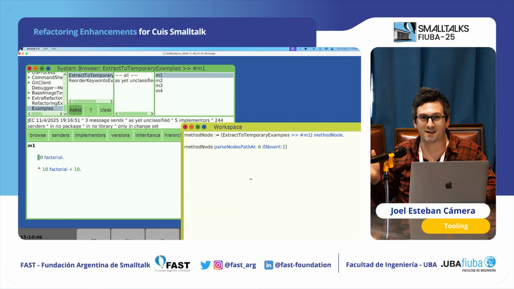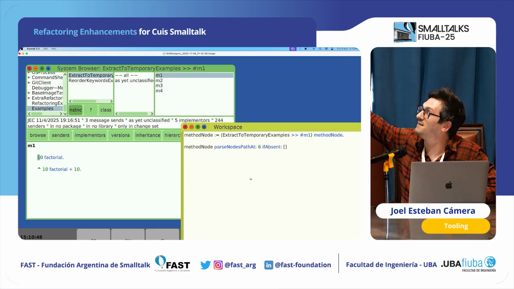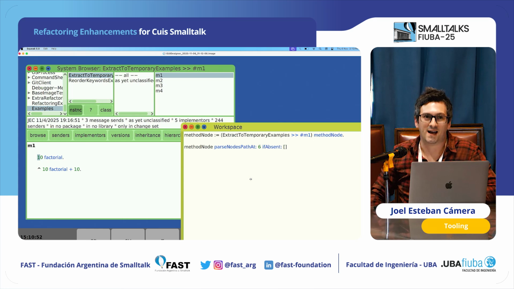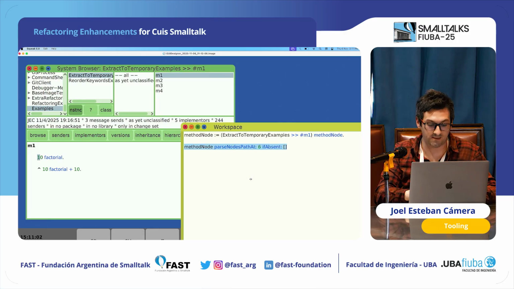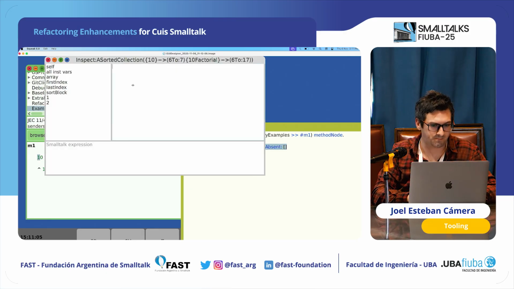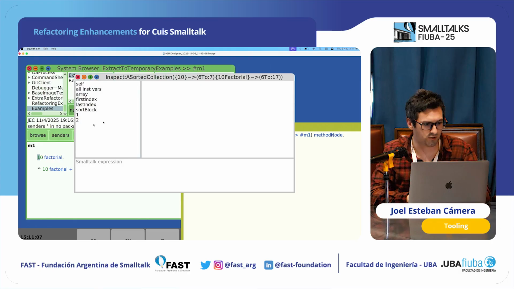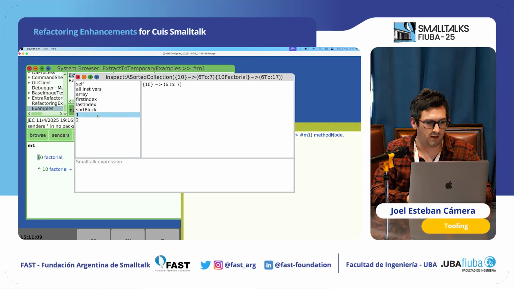The problem here is that, yes, I can work with the AST, but at the end, I am changing strings and then compiling them. So I need to work with the intervals. If I have this and I inspect it, I get a collection with all the nodes and their intervals in the code.